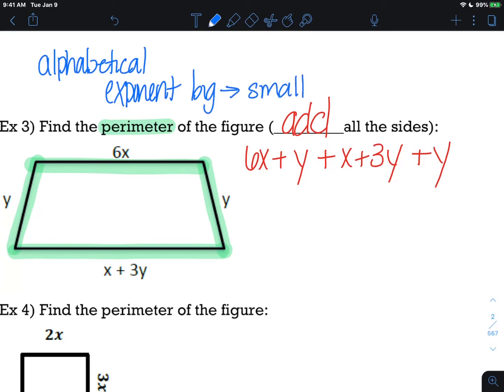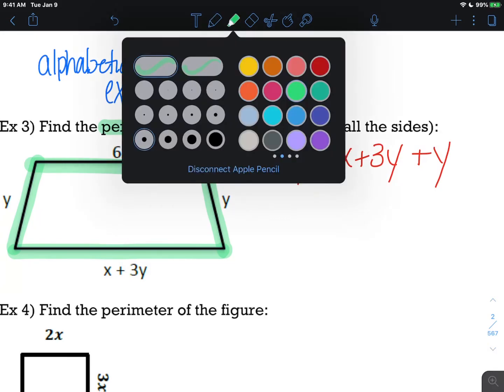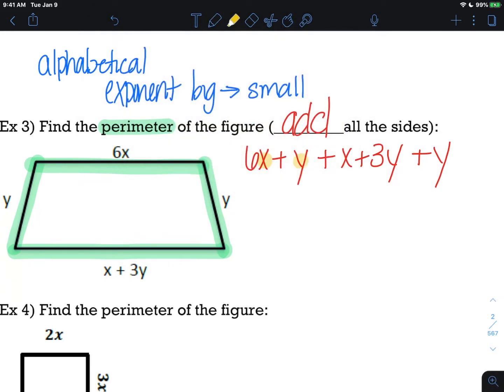So I'm going to look at all the different variables that I have: x, y, x, y, x. Which one of those comes first in the alphabet? Well, it's the letter x. So I'm going to start with my x's first.